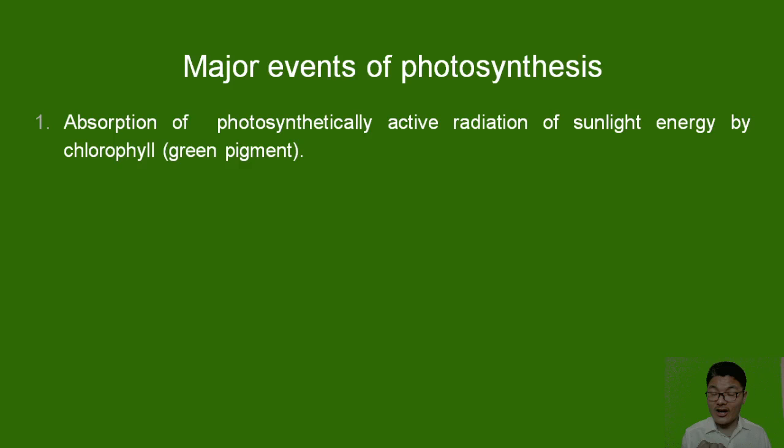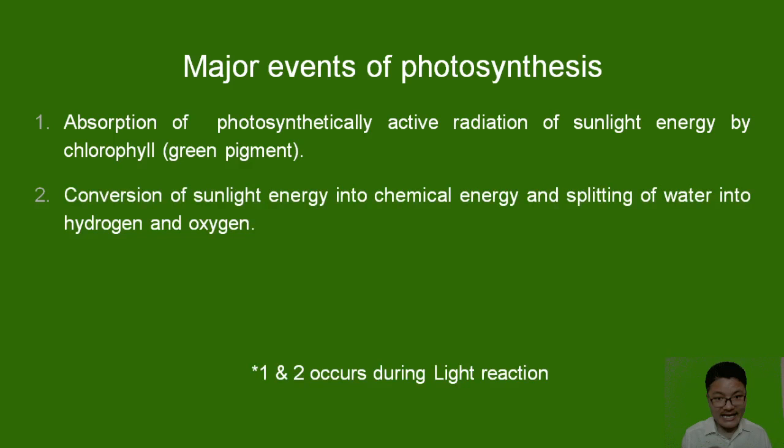Now, after absorption of sunlight, there is conversion of sunlight into chemical energy. Along with that, because of the sunlight, water molecules present in the leaves get split into hydrogen and oxygen. These two processes occur in presence of sunlight, and are called the light reaction of photosynthesis.